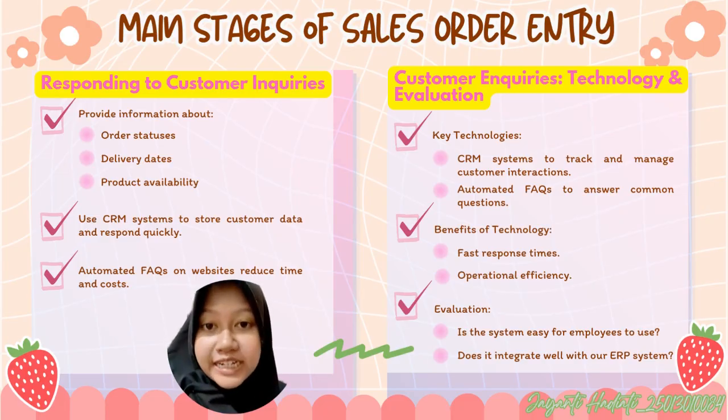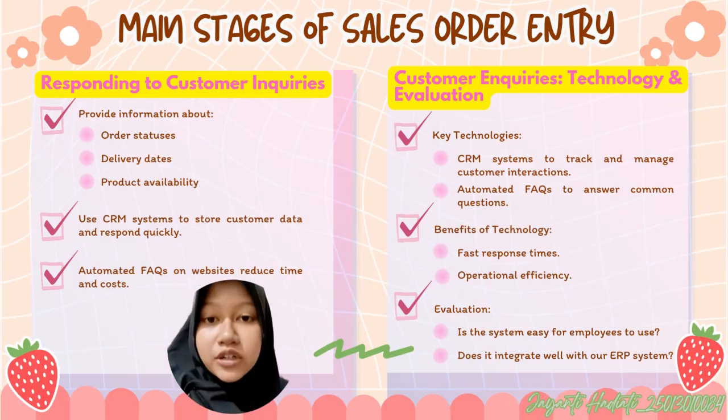To support this process, companies use a customer relationship management, or CRM, system. The system helps store customers' data, track previous interactions, and provide faster and more personalized responses. For example, the system can quickly show a customer's order history or current order status.